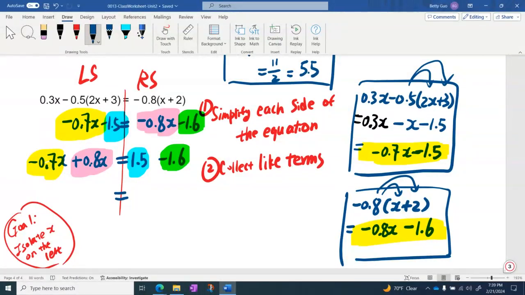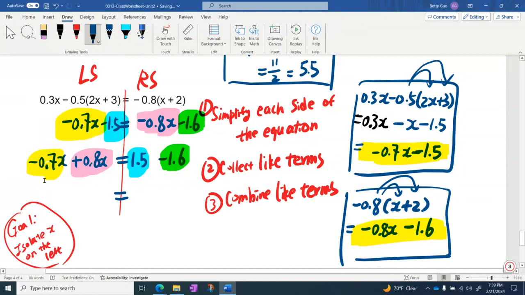So that's collect like terms. We use the method that I introduced. And after we collect like terms, of course, we combine like terms. Let's combine them. You lost 70 cents, and then you gain 80 cents. You end up with winning, right? Yeah, 10 cents.